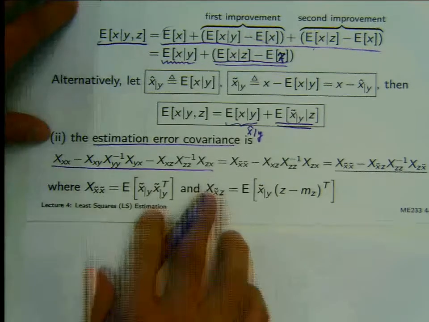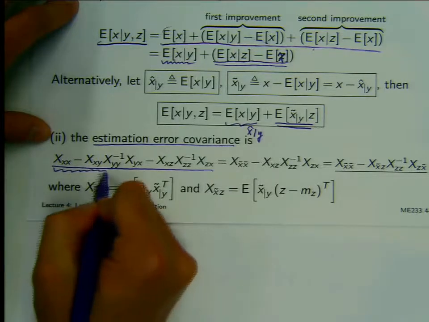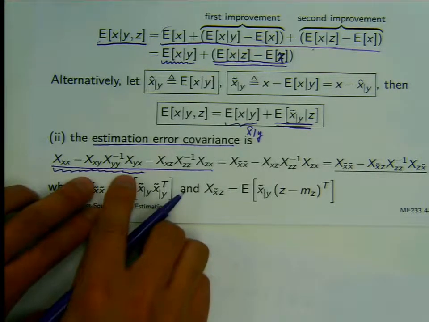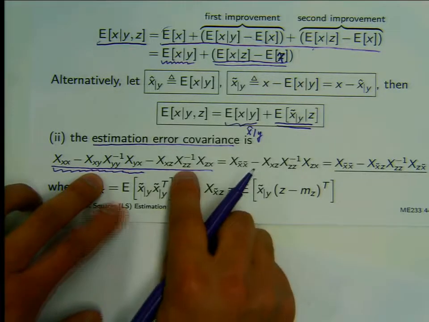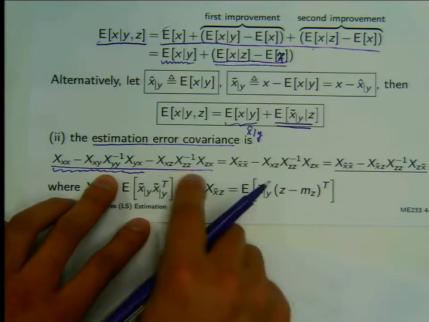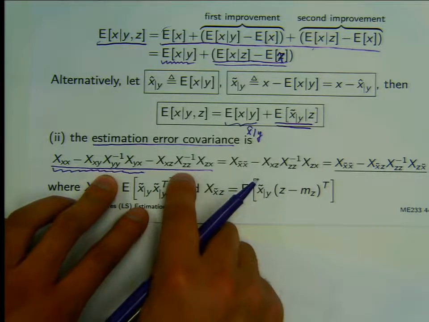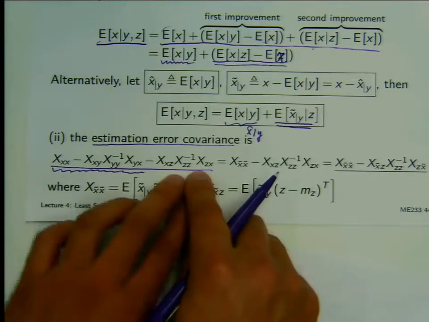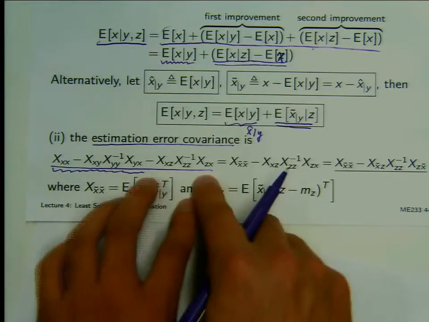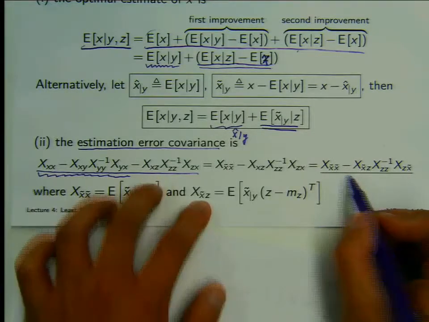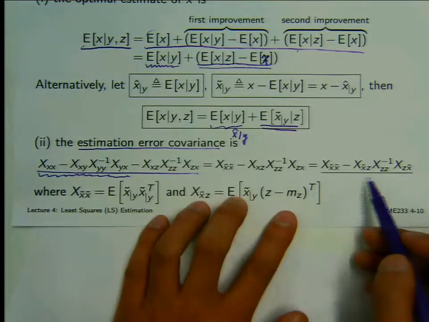The first two terms are the estimation error covariance if I just have y. Now, if I have another measurement z, then it's going to be this guy minus the information given by z. Again, there's no y here because y and z are uncorrelated. Then this guy equals this guy here.